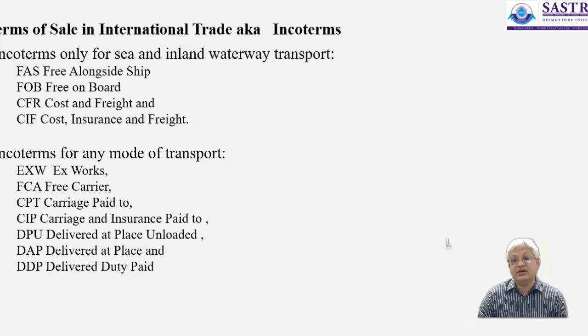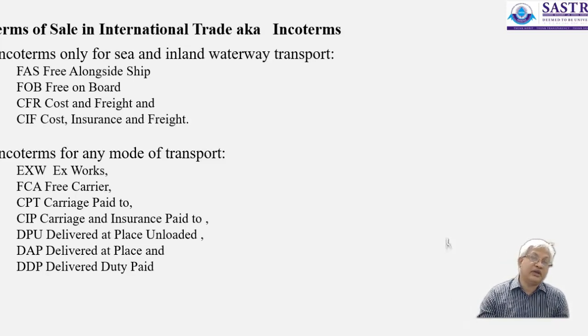Then we have other terms starting with D, that is DPU, DAP, DDP, and then F, which is FCA, FOB and FAS.